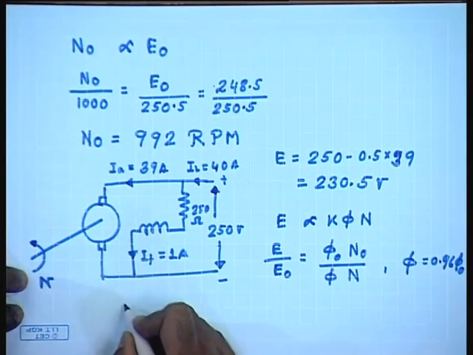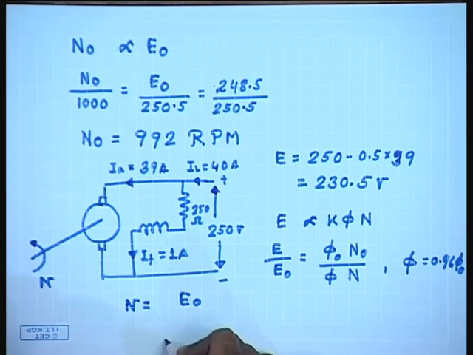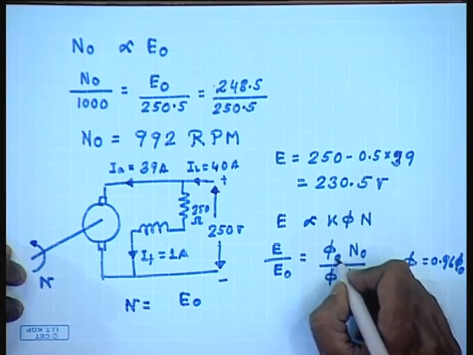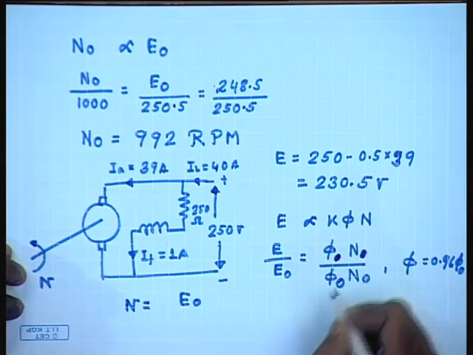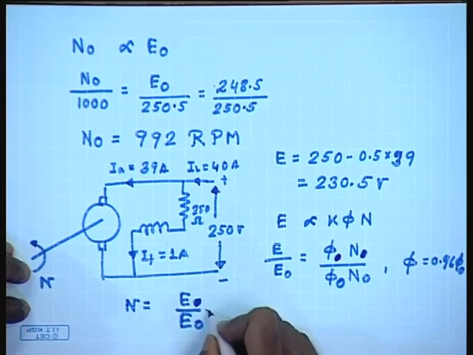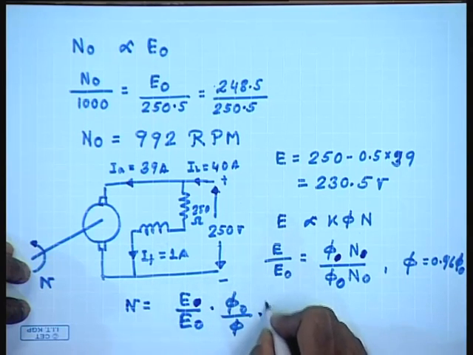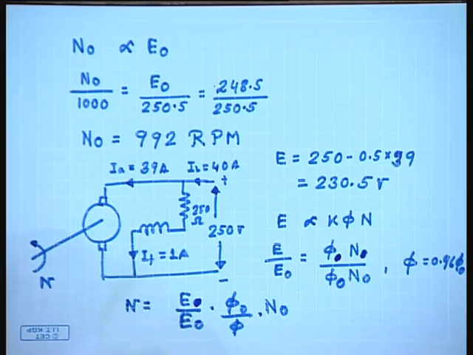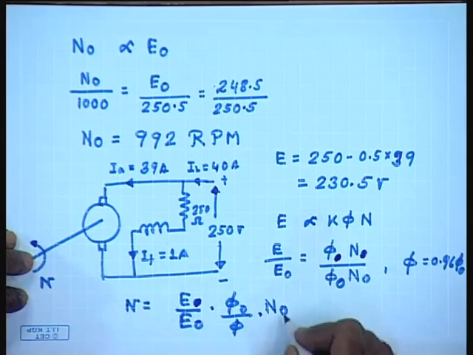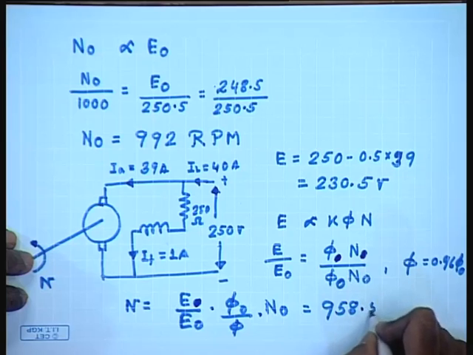So, N equal to E by E0 into phi0 by phi into N0. This comes to 958.5 rpm.